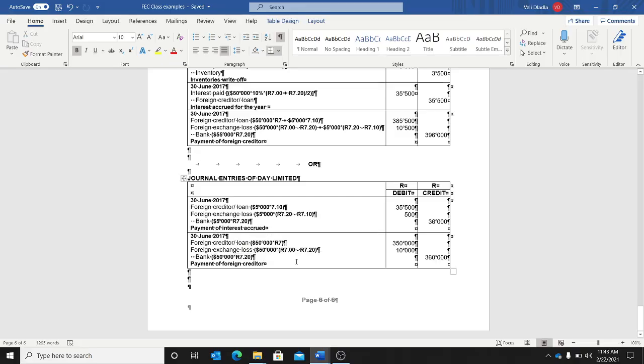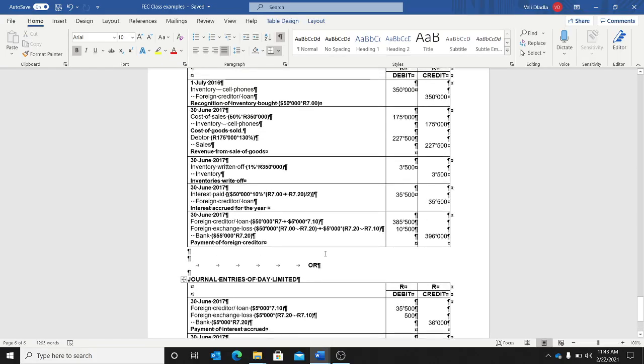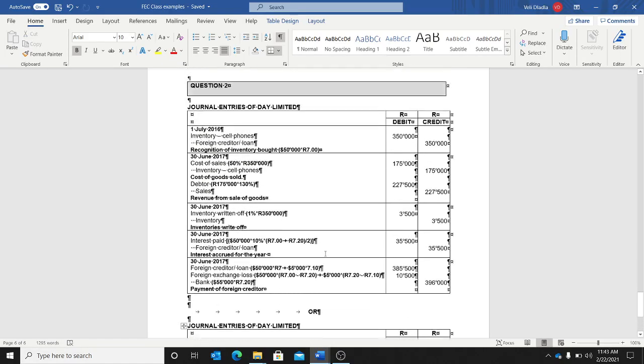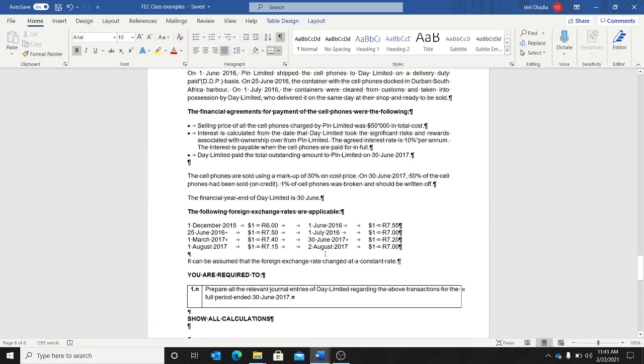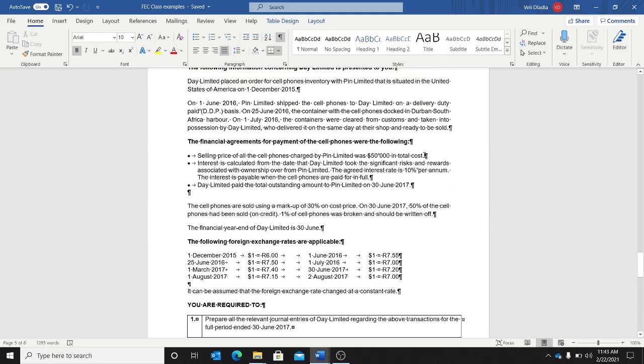Okay, now if we are dealing with this thing here, it's not basically complicated, but let's maybe break it down. It's 50,000 that we are buying. It's DDP.